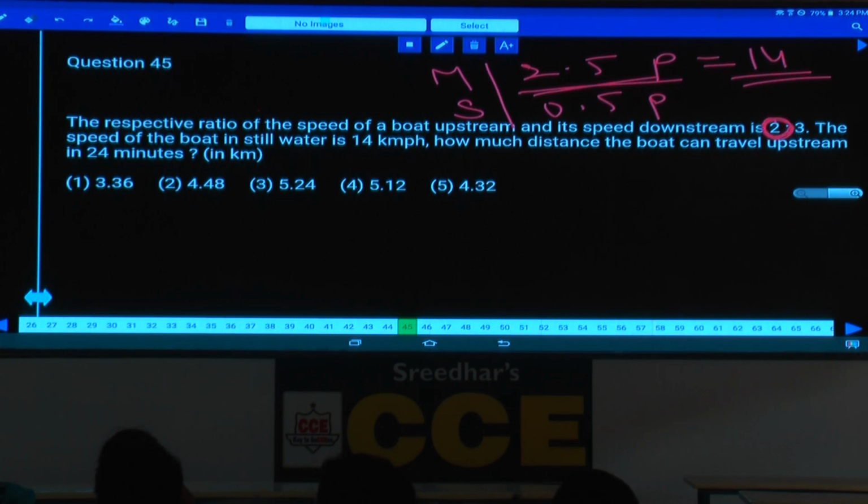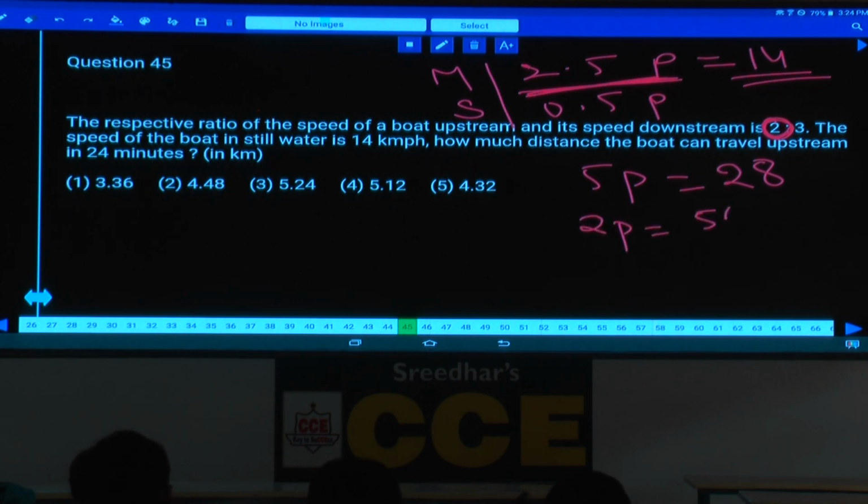Upstream is 2 parts. Can I write 2.5 as 5 by 2? From this, 5 parts is equal to 28. 1 part is equal to 28 by 5. 2 parts is equal to 56 by 5, which is equal to how much?